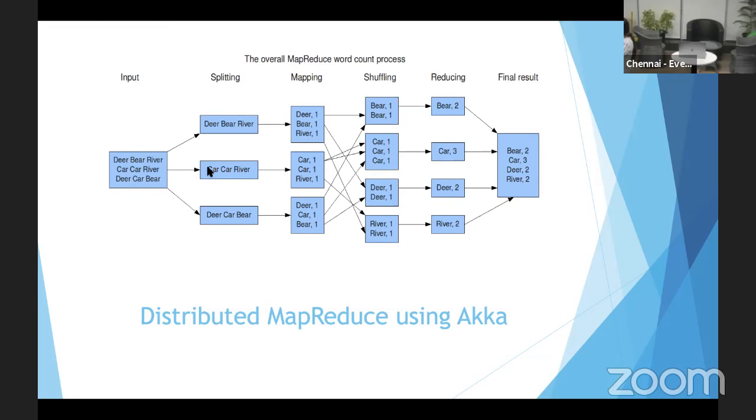And then there's the final result, which is finally aggregating all of this into one file. So this is a map reduce application. This is a simple word count example, which can be distributed. So I'll show you here how to implement this using actor model and how to do this using Akka.